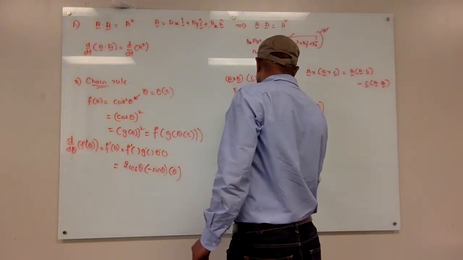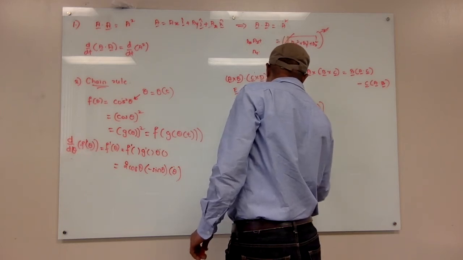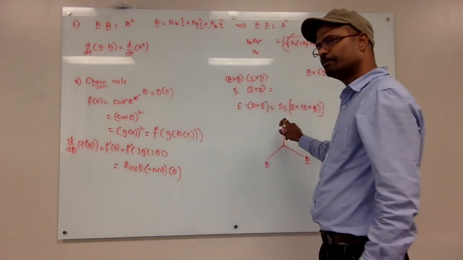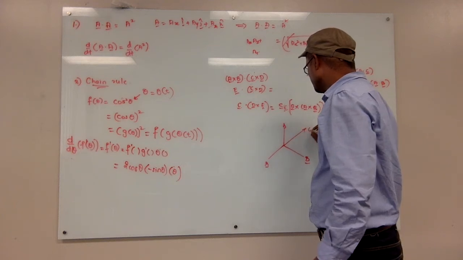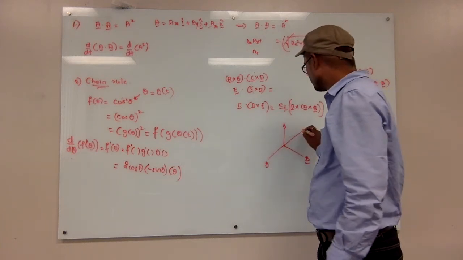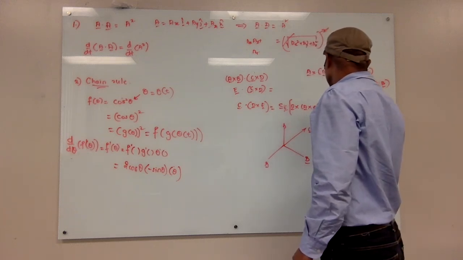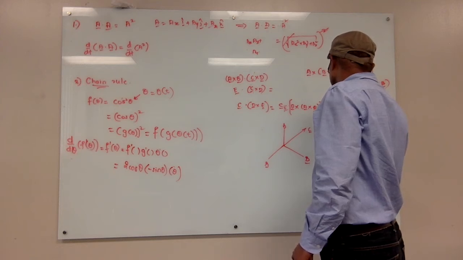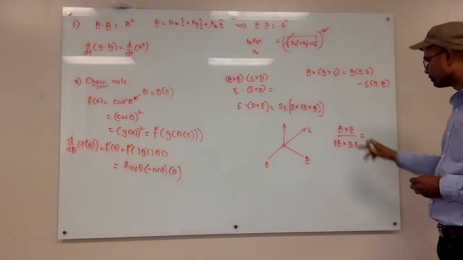You have some A and B here. If you take the cross product, this is what you're going to get. This is some vector. A cross B divided by the magnitude of A cross B is a vector.